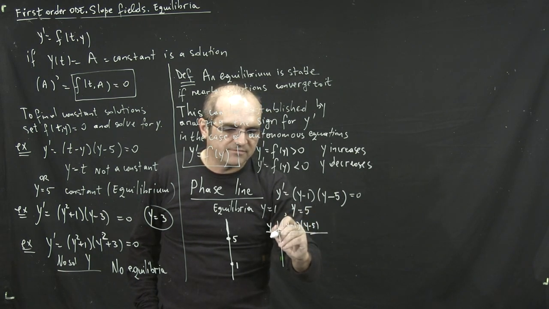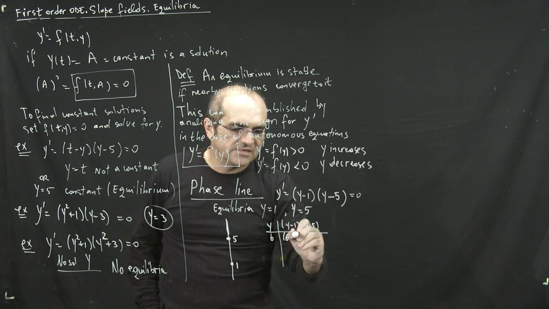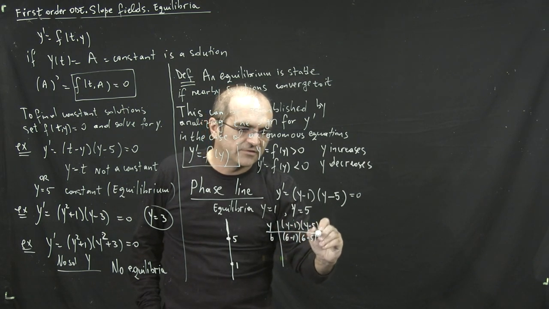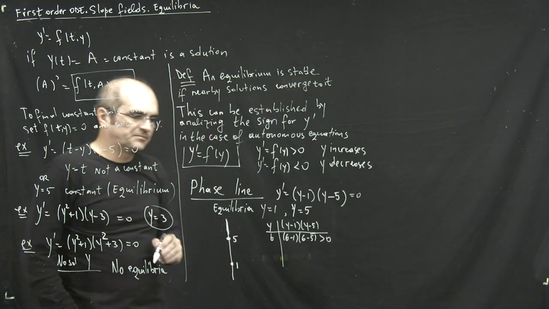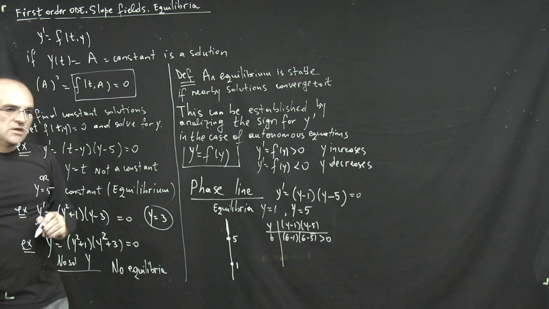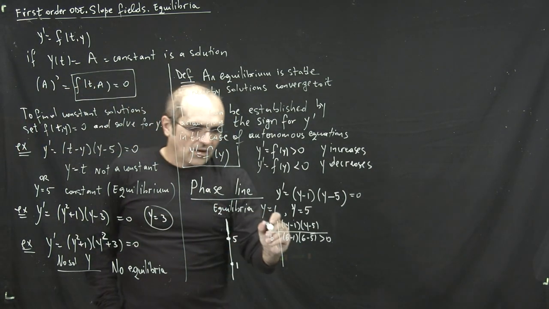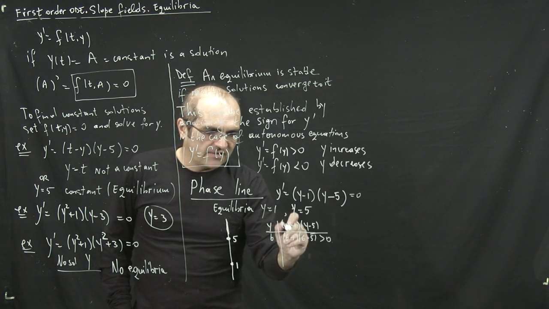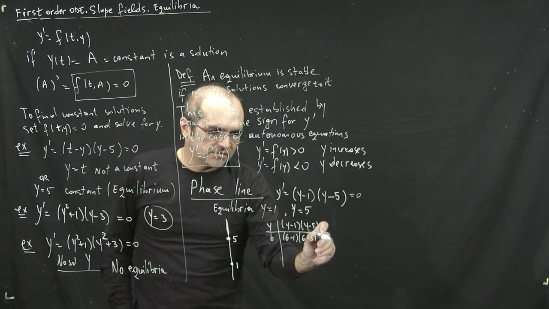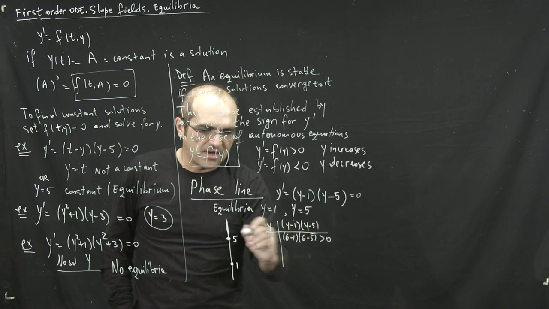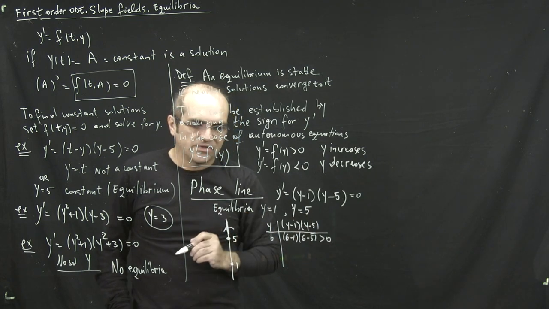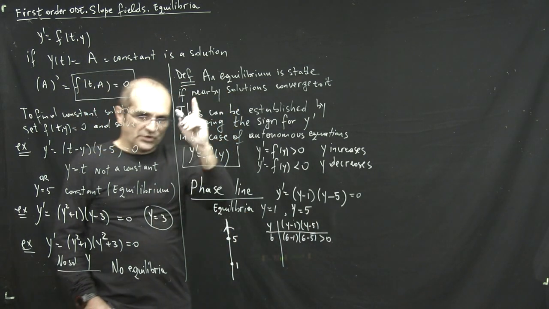So let's say I pick 6. Then that gives me 6 minus 1, 6 minus 5, which is a positive quantity. So if I start with a point above 5, I know that the solution increases because the derivative is positive. So I can indicate this with an arrow pointing up.